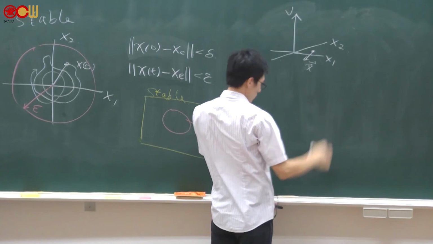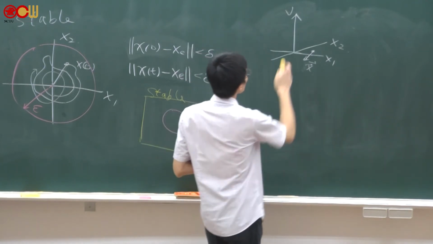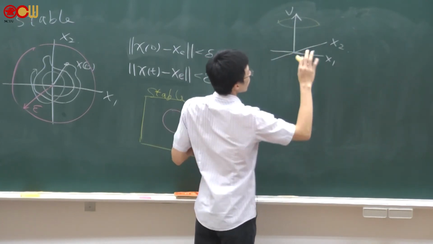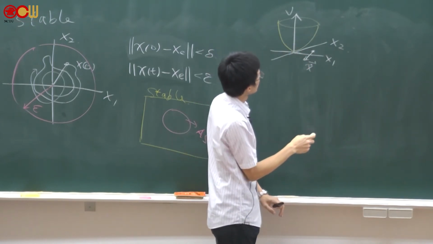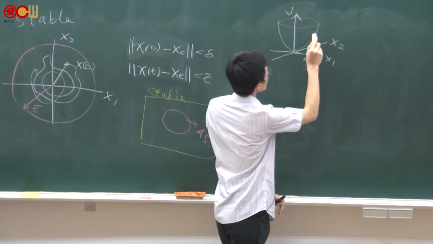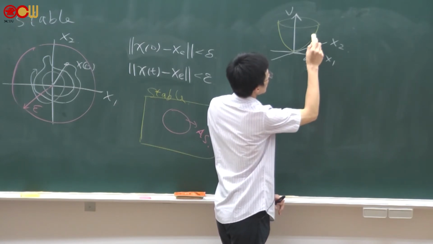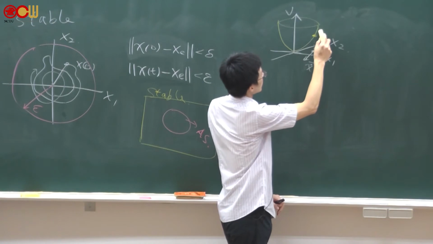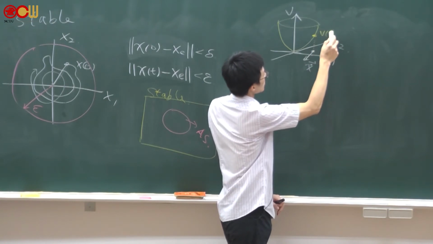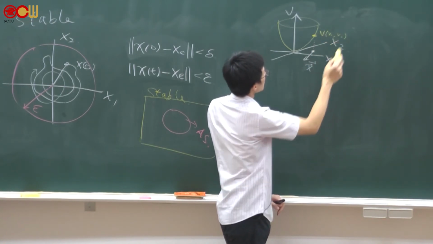And if you define some Lyapunov function or whatever function, given some x in the 2D plane, you can find a corresponding value v(x1, x2).